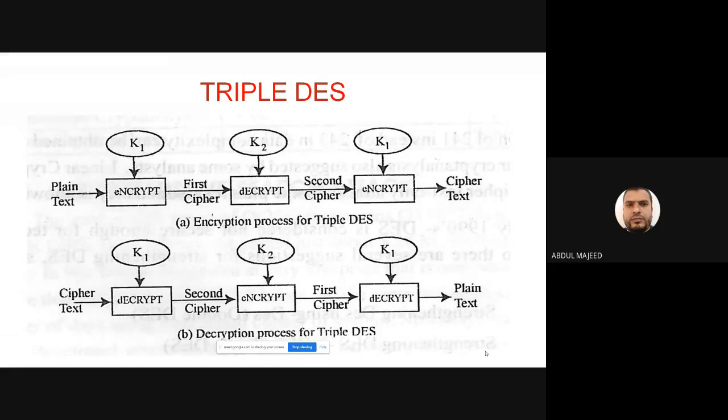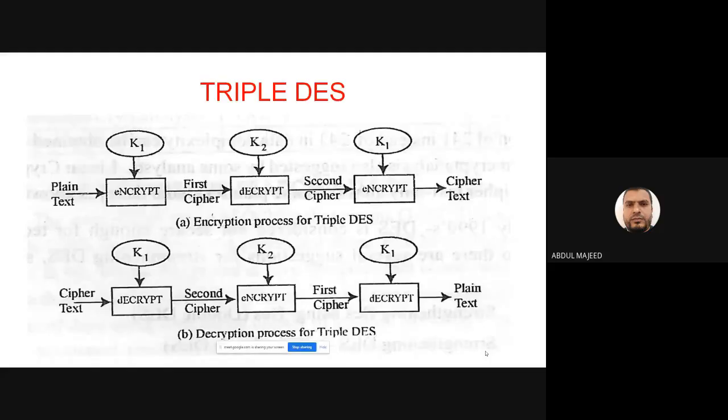Either you don't want to lose this DES algorithm, or you want some modification in the DES itself. So what they did is, why can't we repeat this DES algorithm 3 times for the encryption of that data?